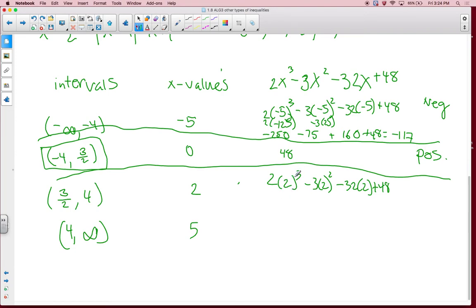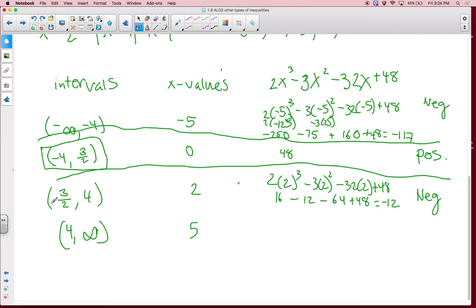This is 8 times 2, which is 16, minus 4 times 3, 12, minus 64, plus 48. This will be 4, minus 64 is negative 60, plus 48 is negative 12. That came out to be negative, so that is not going to be part of our solution because it's negative.